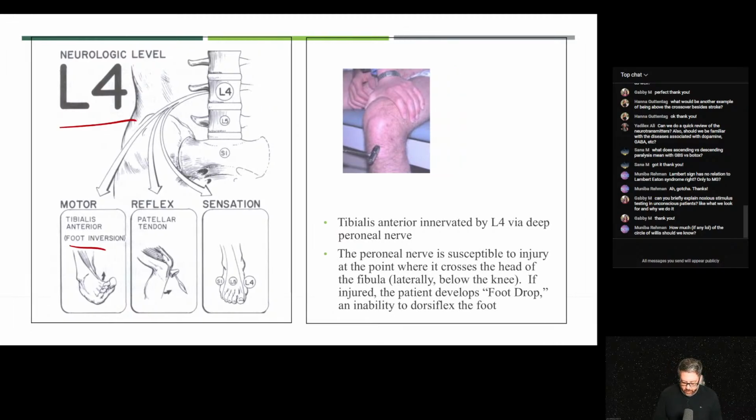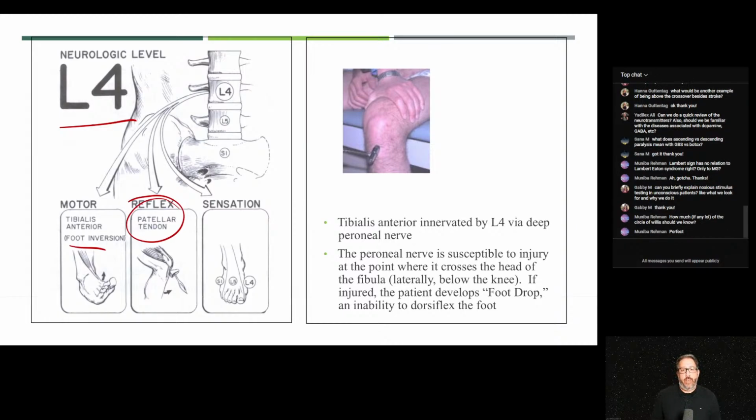L4, foot inversion, patellar tendon. We got an example of a question like this on the Kahoot. Here's your L5, extensor digitorum longus, so they can't hold it up. So they have foot drop.